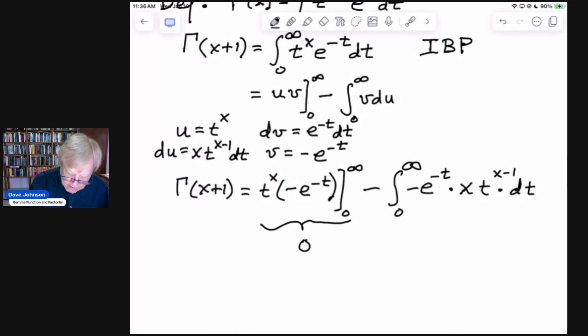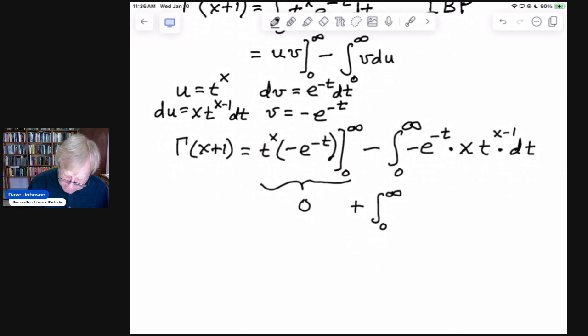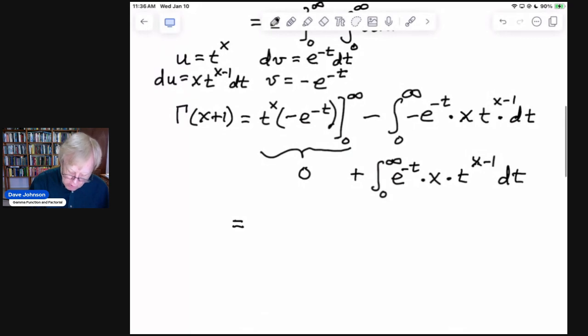And then the negative signs in this integral cancel. So let me say plus the integral from 0 to infinity of e to the negative t times x times t to the x minus 1 dt. But I want to rewrite that in a more familiar form. I won't write the 0. Also, I'm going to pull out this x.